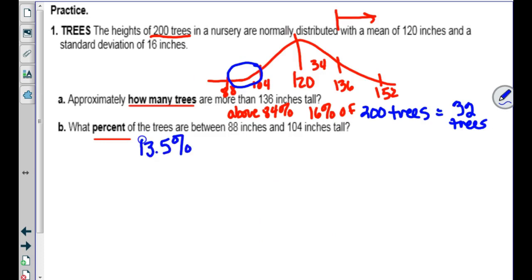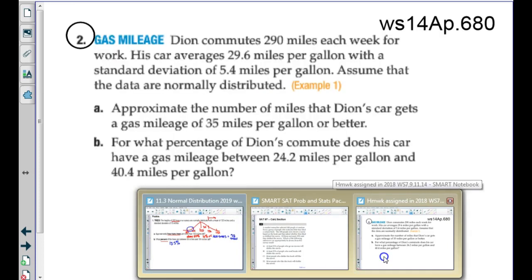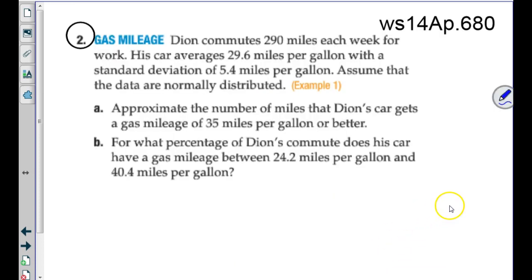All right. I want to do one more question on using the empirical rule. This was number 2 on 14A. It was a homework question. I doubt anyone actually did it, but just pretend with me. This is using the empirical rule again.